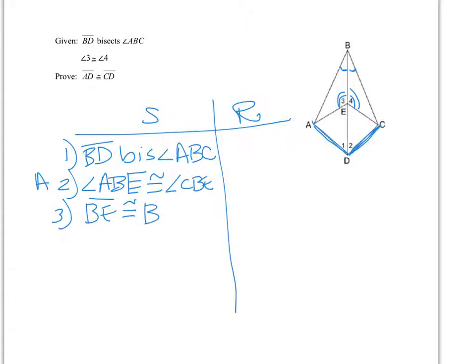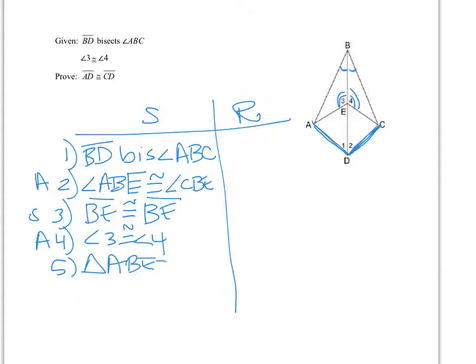So BE is congruent to itself. That's a reflexive property. That's our side. And then angle 3 and angle 4 are given. Those are congruent. And our triangles are congruent, ABE, CBE. And that's by ASA.